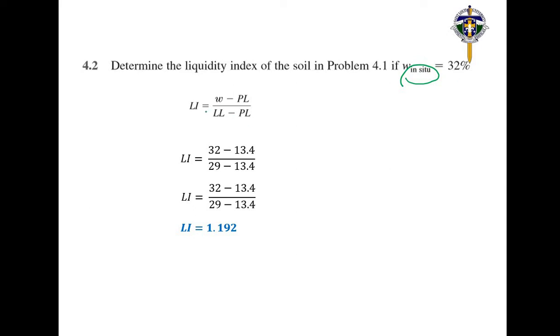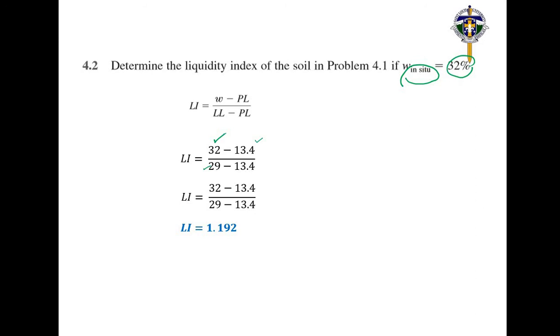The working equation: the liquidity index is the moisture content minus the plastic limit, divided by the liquid limit minus the plastic limit. We simply substitute the moisture content, given to be 32, minus our plastic limit, also given as 13.4. And then the liquid limit, which we read from the graph as 29, minus the plastic limit.